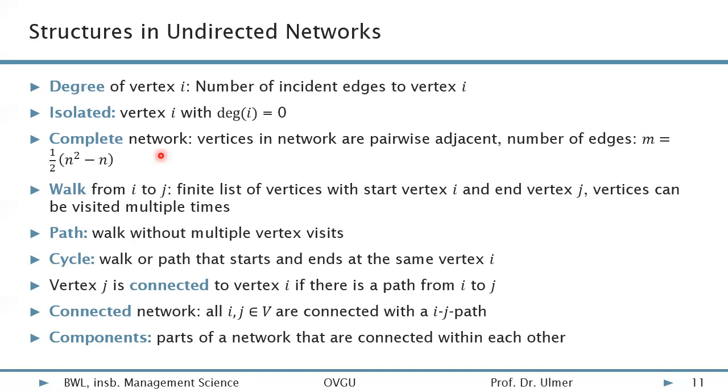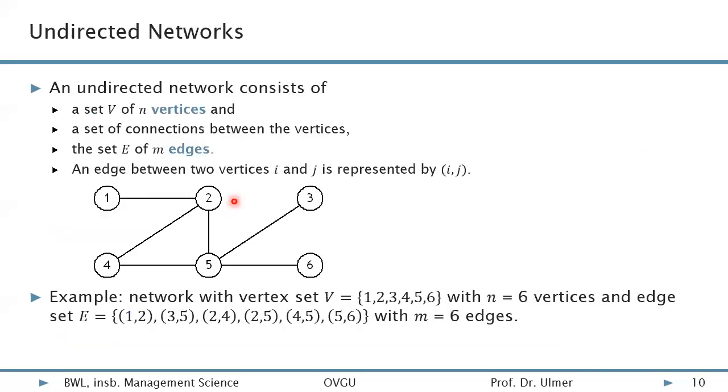In a network, we can define a walk, which is just a finite list of connected vertices. So a walk here could be 1, 2, 5, 4, 2, 5, 6, because in a walk, we can visit vertices more than once.